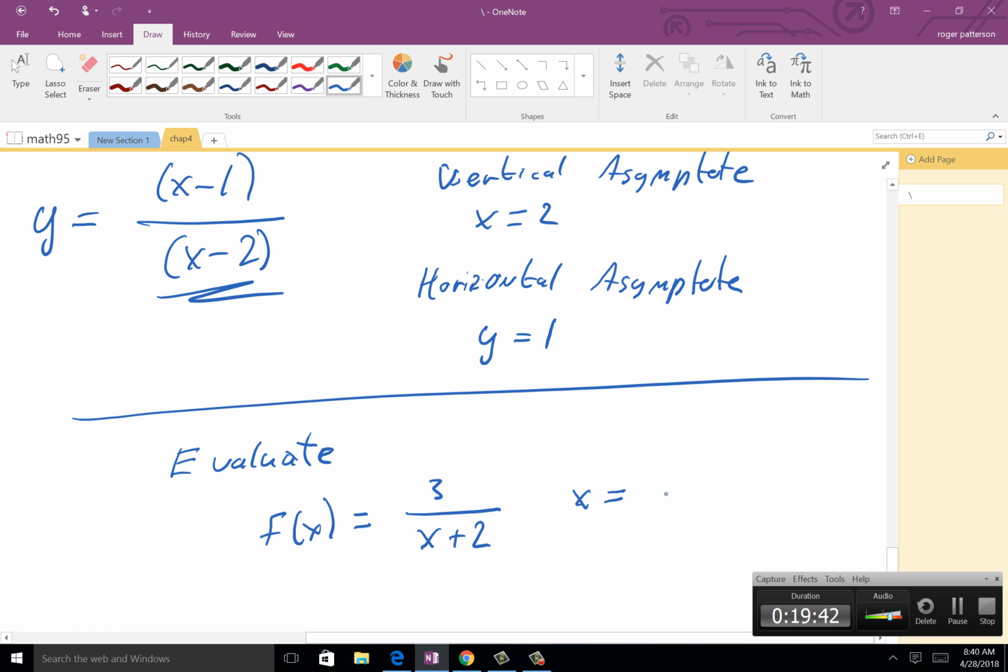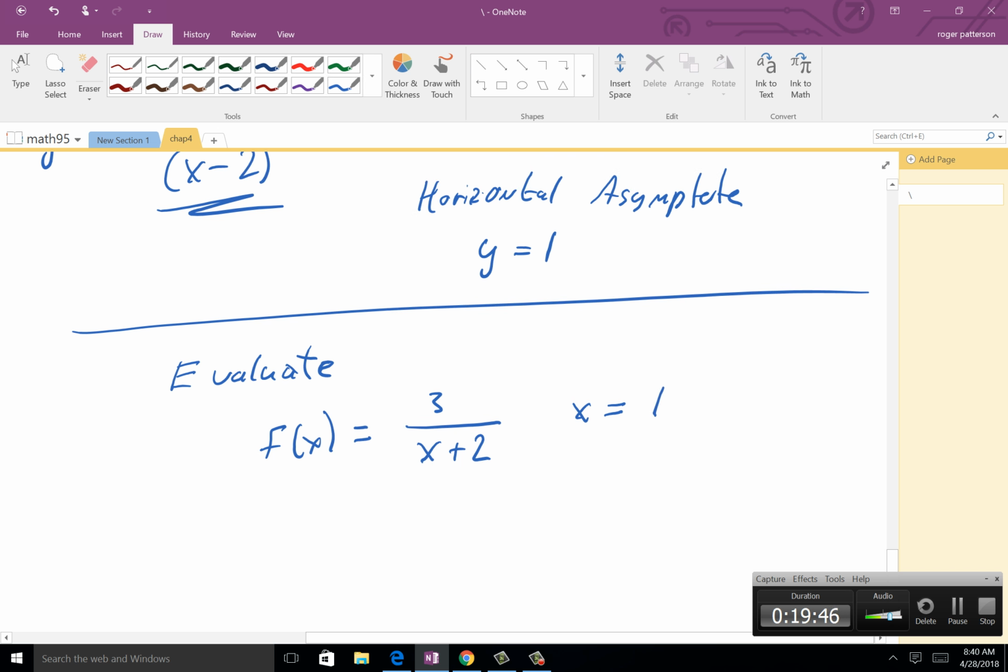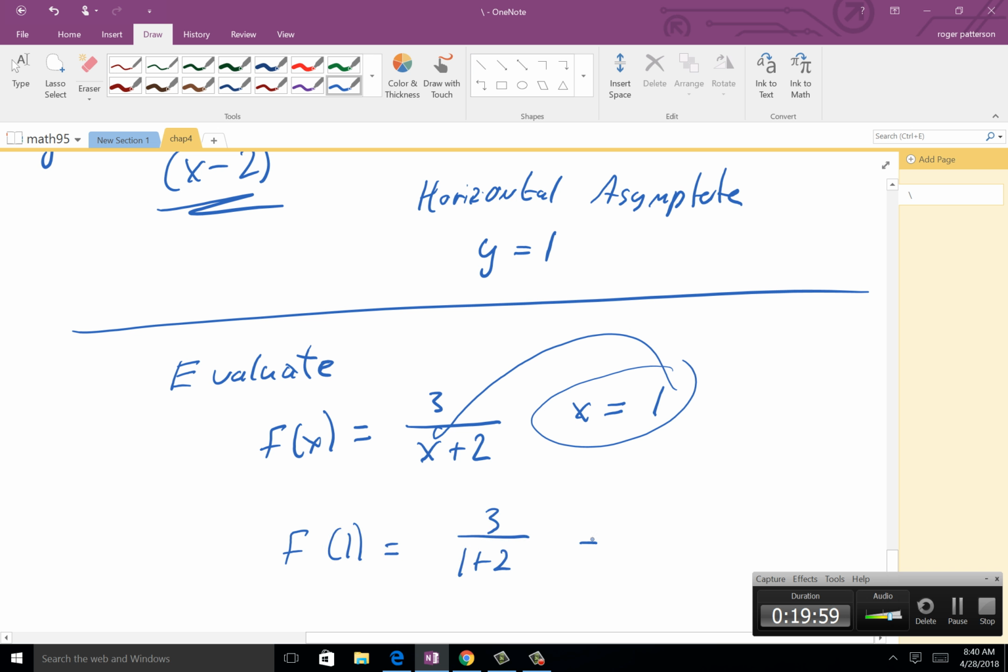So evaluate then. Say you want to evaluate this at 1. This isn't any different than what we've done before. We just have to put this 1 in for that x. So the proper notation will look like that: 1 plus 2, 3 over 3, and that's 1. So if they ask you to evaluate it, you're just going to put the number in for x and go to work on it.